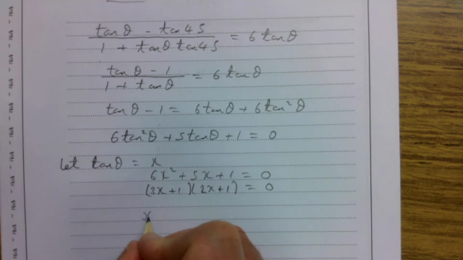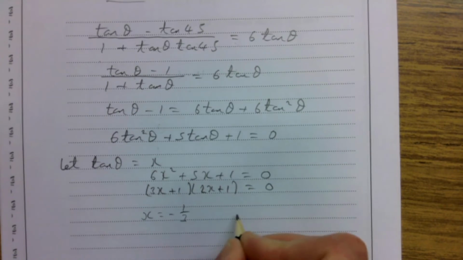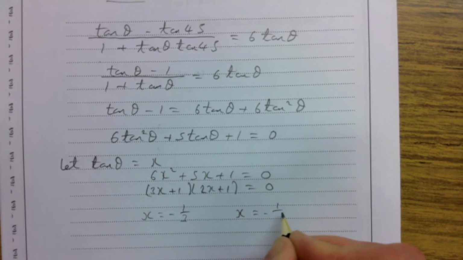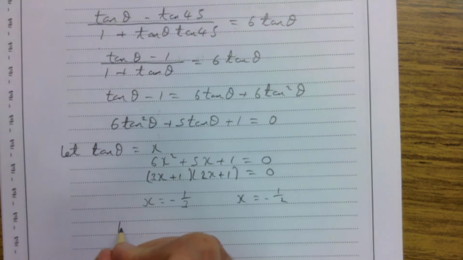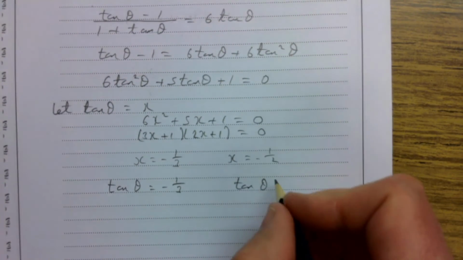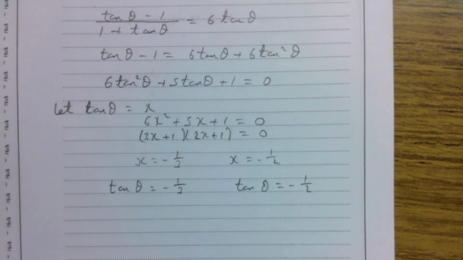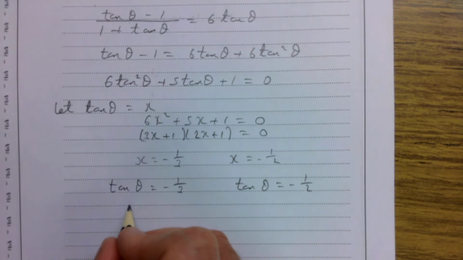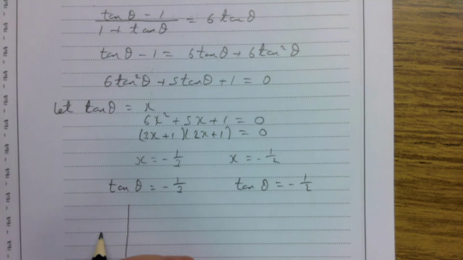And that gives me x is minus a third, and x is minus a half. That means I have tan theta is minus a third, and tan theta is minus a half. And I'm going to do my CAST diagram for each of those.